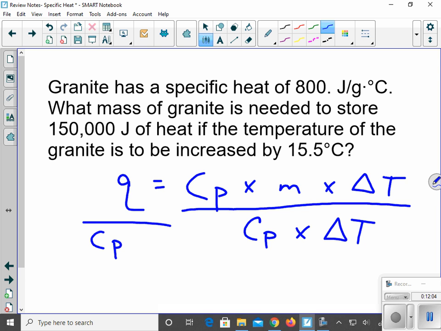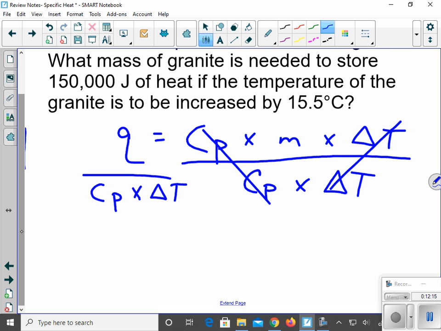So I'm going to divide it by specific heat times the change in temperature. This side, those cancel out. So I'm going to get a new equation that my mass is equal to the heat divided by the specific heat and the change in temperature.